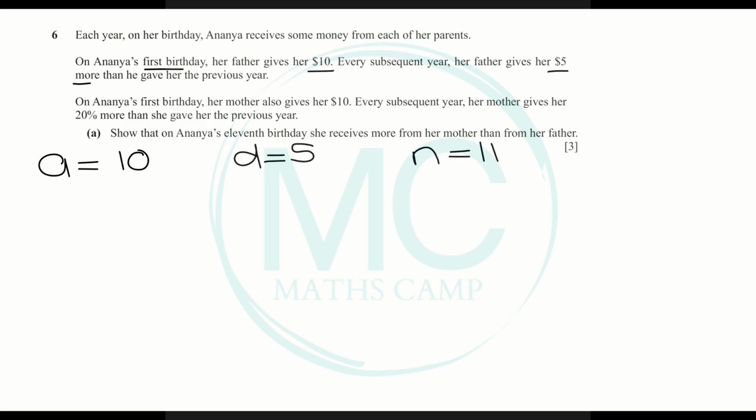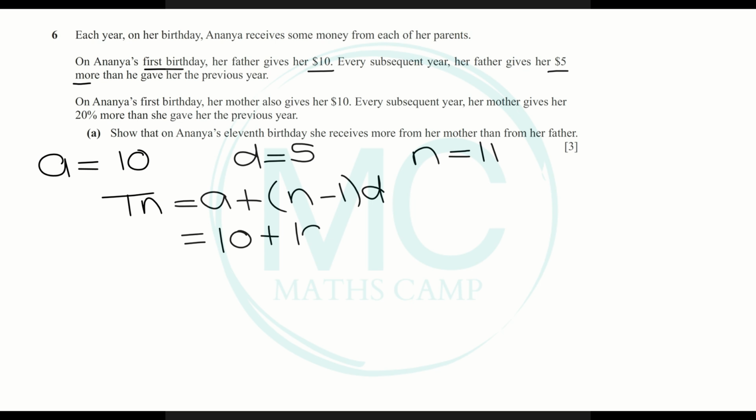For an arithmetic progression, Tn is equal to A plus the bracket of n minus 1 multiplied by D. A is 10 plus n is 11. 11 minus 1 gives us 10 multiplied by D, which is 5. 5 times 10 is 50 plus 10 equals 60. This is the amount of money that Ananya's father gives her on her 11th birthday.